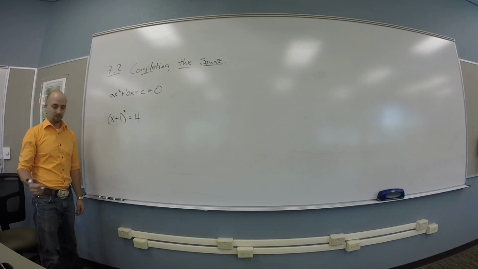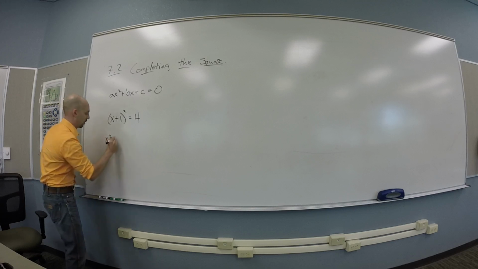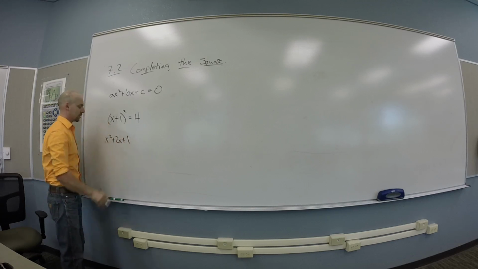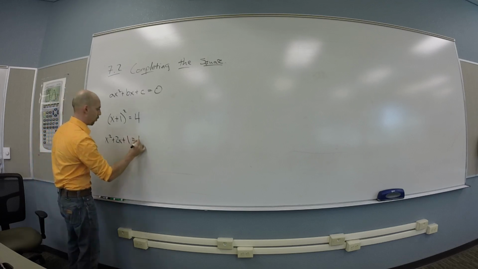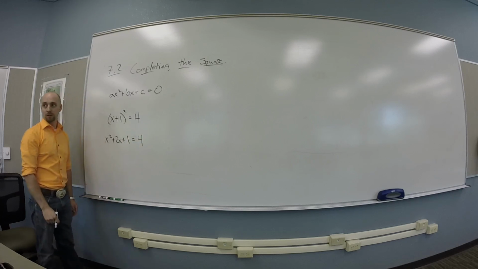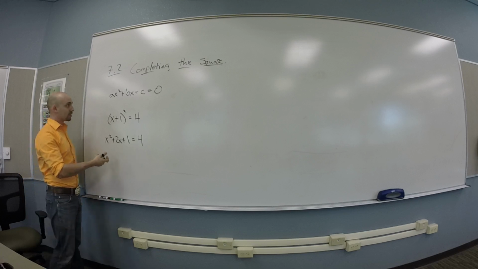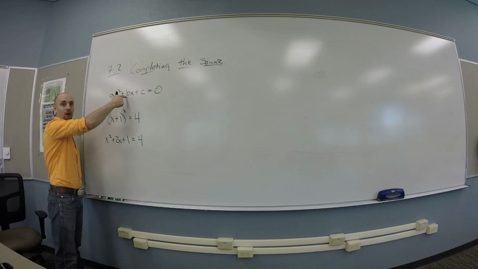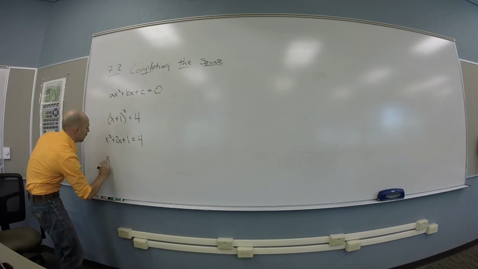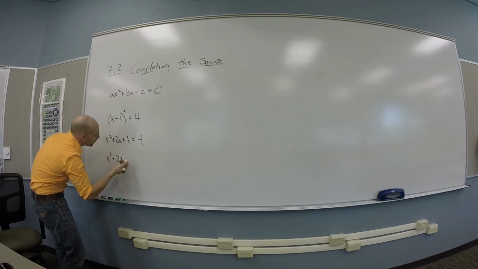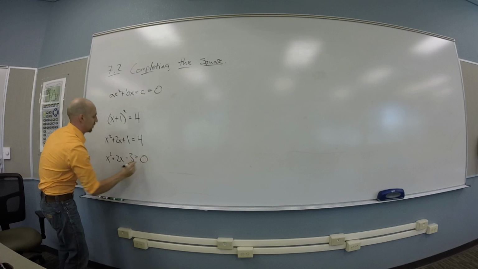You get x squared plus 2x plus 1. So I got x squared plus 2x plus 1 is 4. And then if I subtracted the 3 over, I'd be up in this problem form. Maybe they did that.